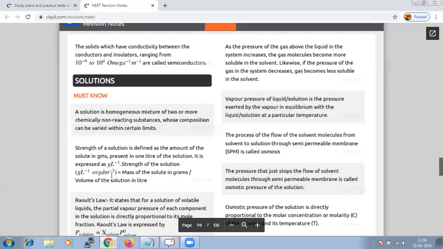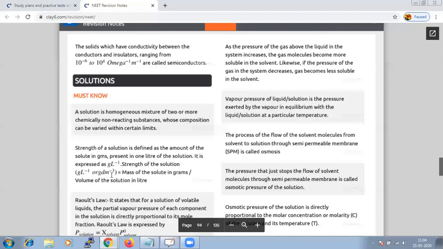It is expressed as gram per liter. Strength of the solution is equal to mass of the solute in grams by volume of the solution in liter.